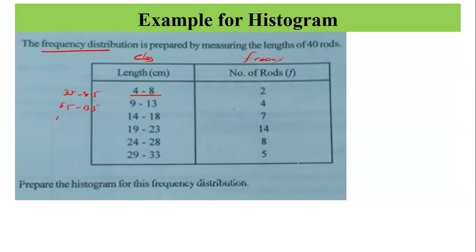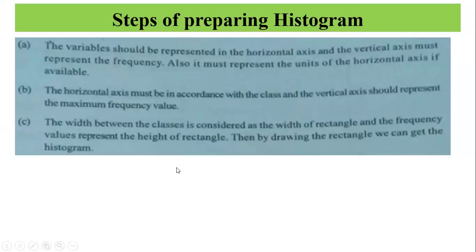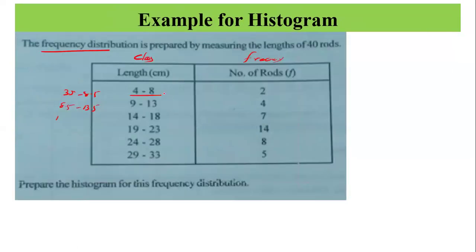Now, firstly, write this example, because I'll explain these steps one by one. The first step: the variable should be represented on the horizontal axis and the frequency on the vertical axis. The unit of the horizontal axis must also be available. Firstly, we have to identify these class boundaries, and after that we can follow these steps. I'll give a few minutes.